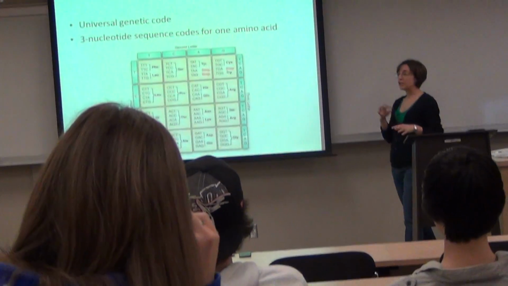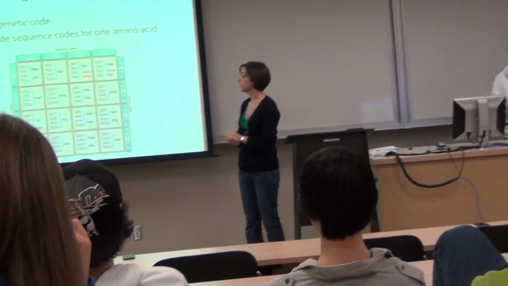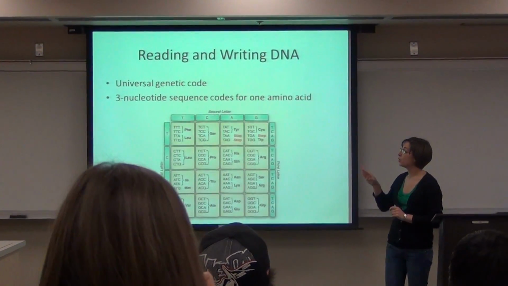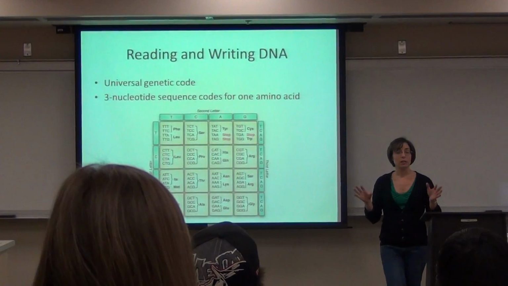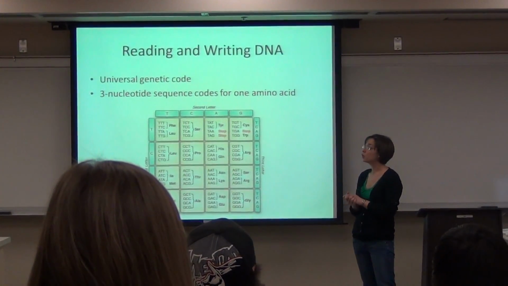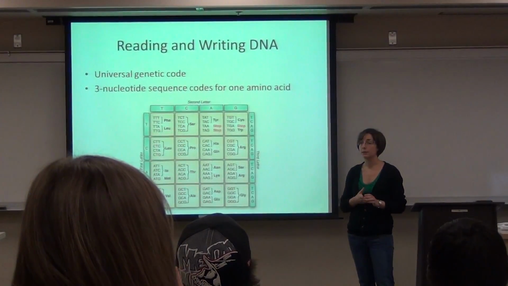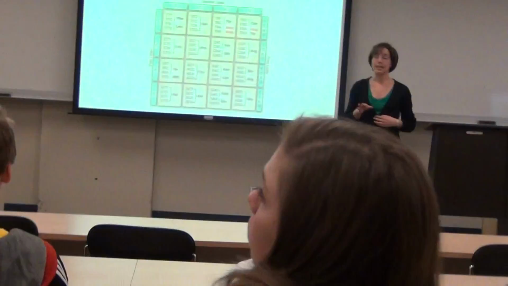So before we can start engineering these cells, we need to be able to read DNA. And DNA is really simple to read. It has a universal genetic code, and universal means that every living thing, every cell, uses this same code. So if it's a bacteria, a plant or an animal, every cell that has DNA uses this same code.